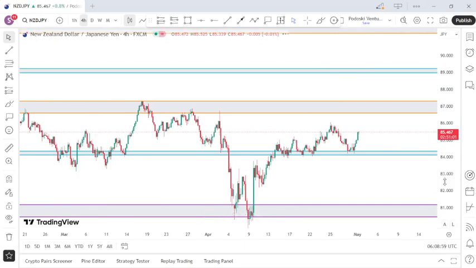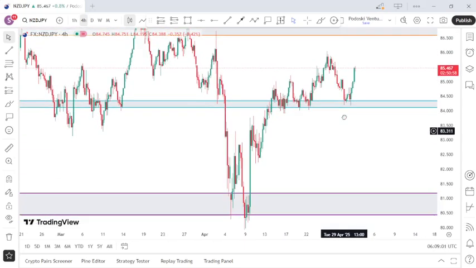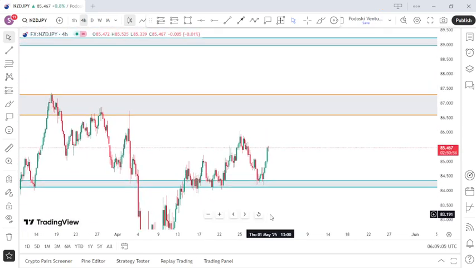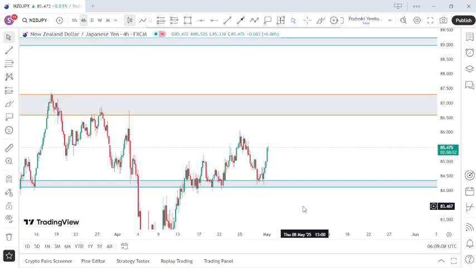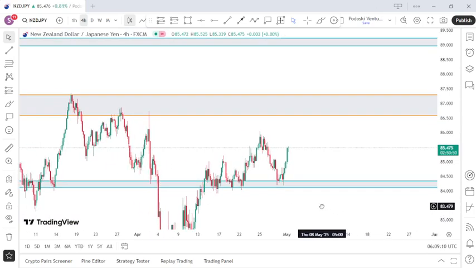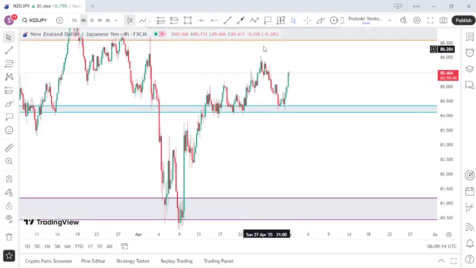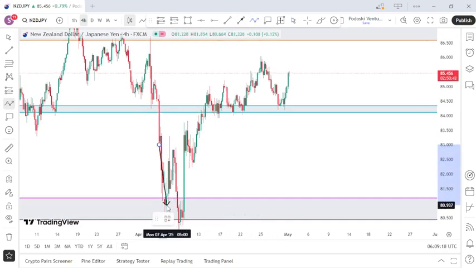So here we are on the 4 hour. The 4 hour has actually just changed structure, but we are still going to have to wait for the weekly structure to change. On the 4 hour time frame, we have a lower low, lower high, a new low.